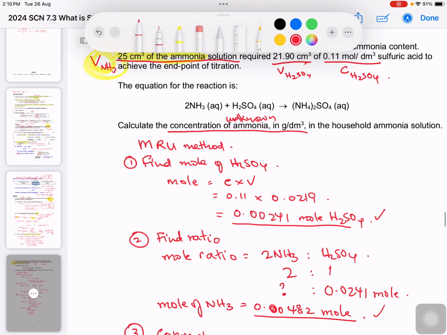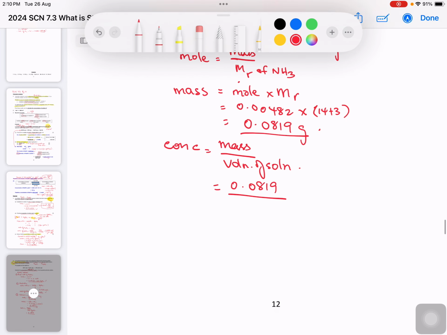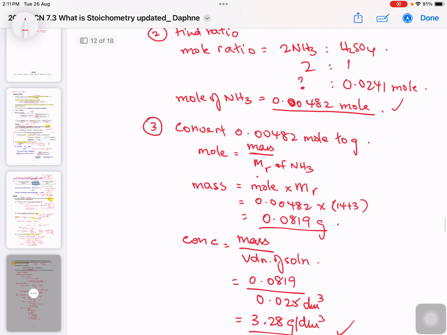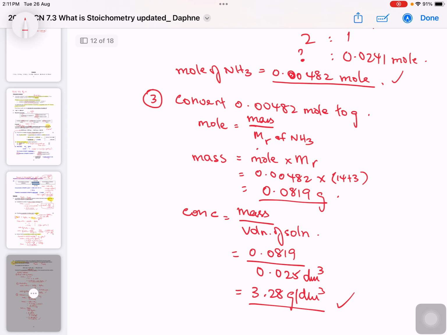Okay, so that's our volume. So it'll be 0.025 dm³. 3.28 grams per dm³. Is that okay? So it's using our MRU method still, but with an extra step, because calculating concentration, you need two parts to it.